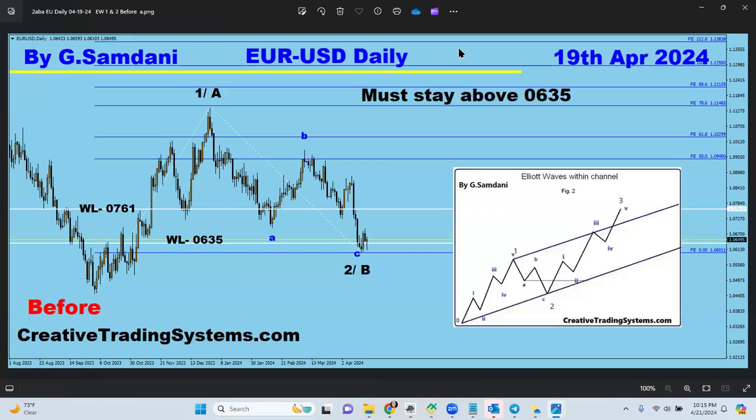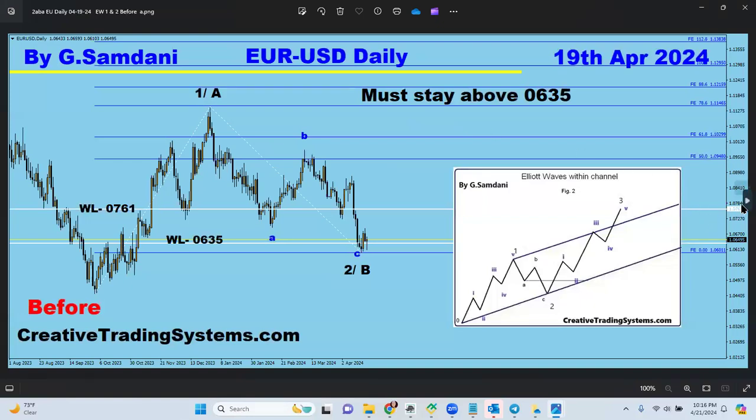But if USD goes up and breaks 1753, because lately all the news coming out for USD is positive, better than expected, inflation keeps rising and everything is going up, then maybe USD is going to get even stronger.